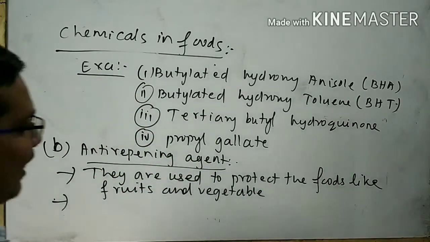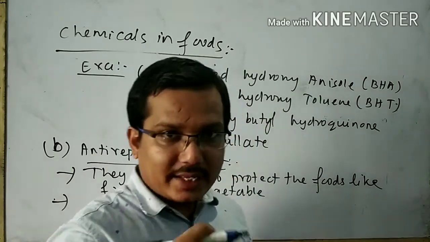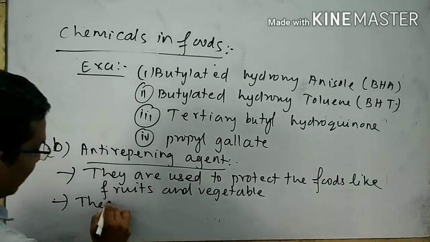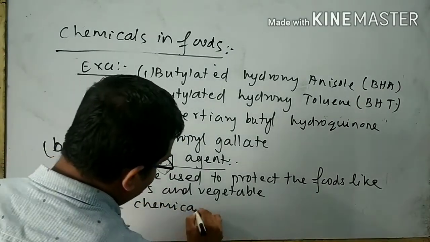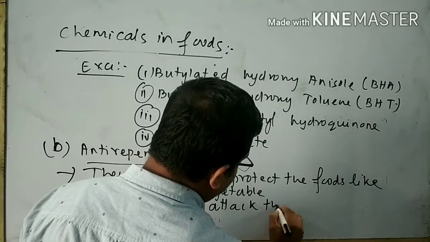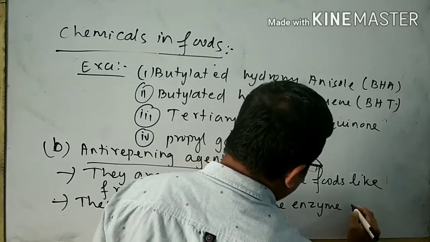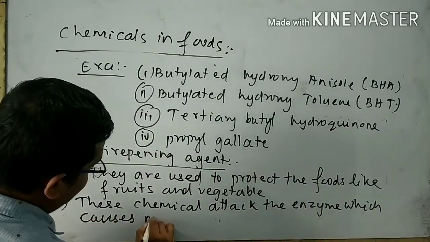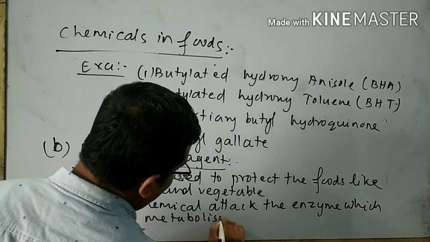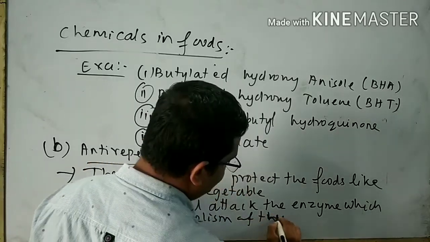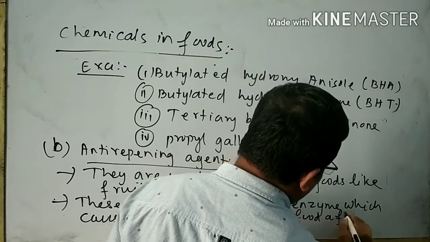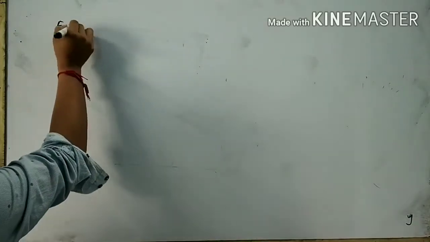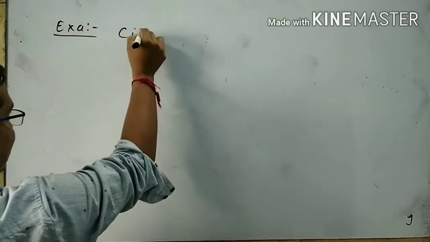These anti-ripening agents attack the enzymes which cause metabolism after harvesting. So we can write: these chemicals attack the enzyme which causes metabolism of the food after harvesting.